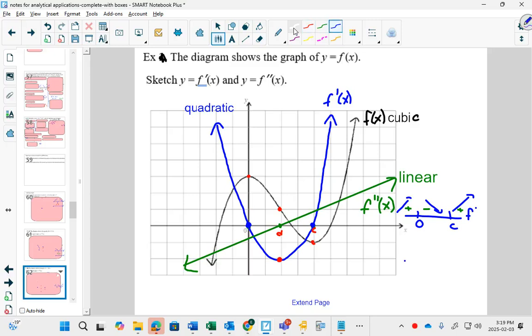So when I draw my number line here for f double prime, and I put in point D, I know that it's changing from concave up and concave down. It's concave down here, and it's concave up here, meaning that it's negative here and positive there. Notice how our green graph is below the x-axis here and above the x-axis there.